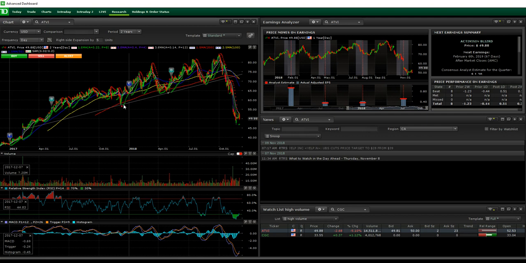And it worked here. You notice that $75 is a resistance, and then actually 80. It goes to 80 and then it comes down. Then you have this opportunity again where it touches the trend line that was intact since early 2017, and you take your chance.